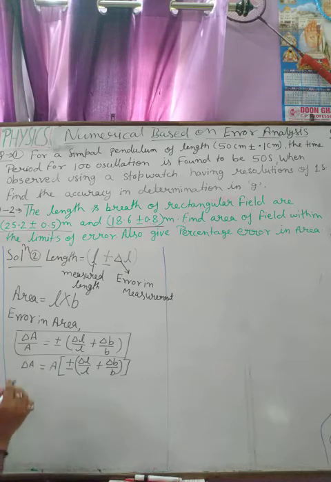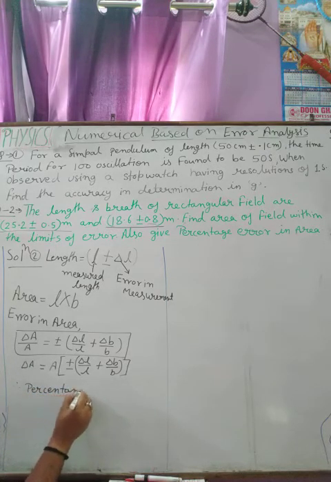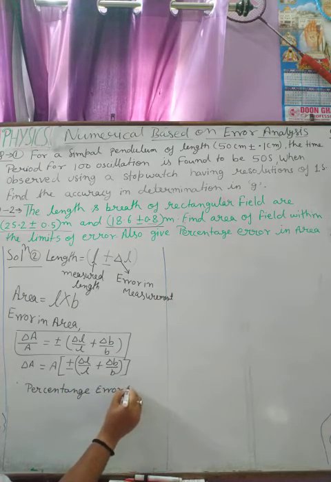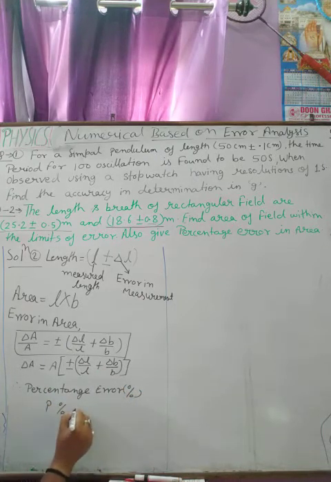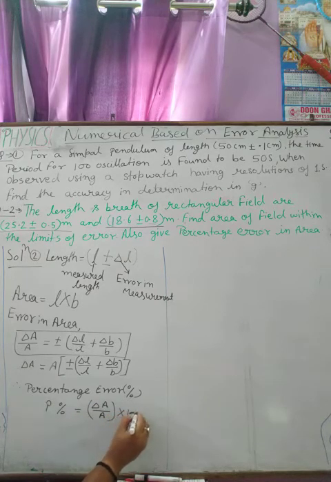Next we have to calculate the percentage error in area. So students, percentage error, इसको हम दिखाते हैं P error. It is the relative error in measurement, ΔA upon A, multiplied by 100.